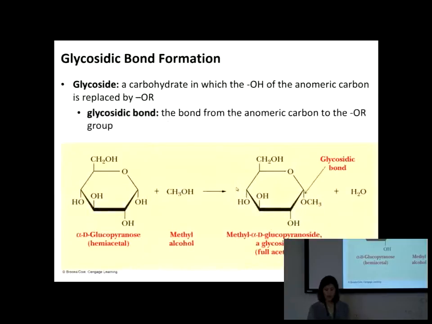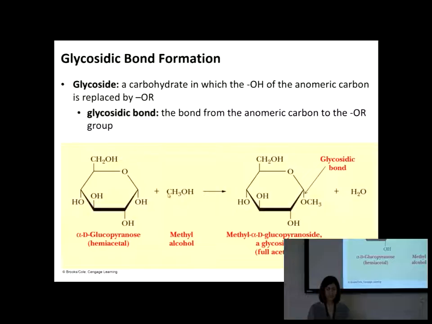All right, so I've alluded to this before, but probably the most important reaction that we're going to talk about this chapter is forming a glycosidic bond. A glycoside is where we've taken the OH on the anomeric carbon, the OH that's dangling off of it, and we've replaced the hydrogen with some carbon.